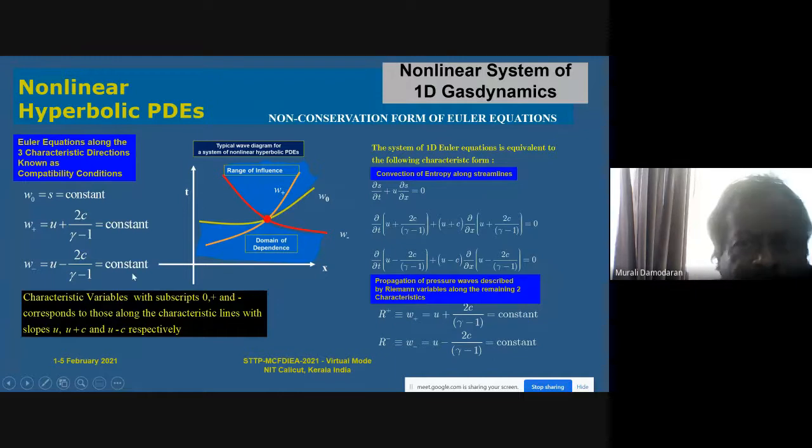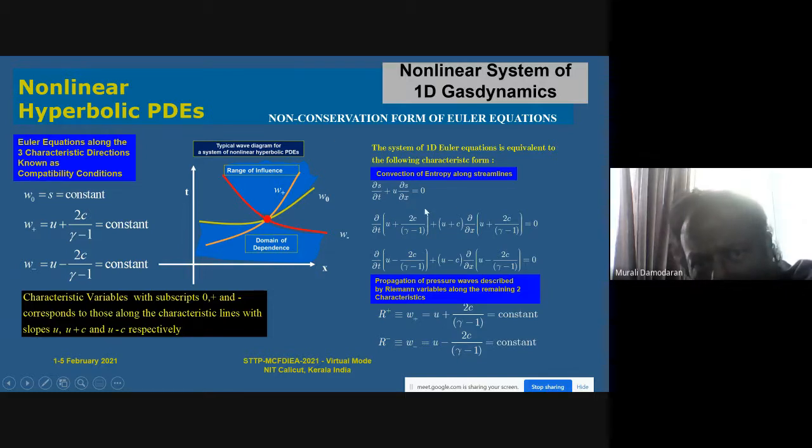Okay, so what it does is it will give you 3 characteristics, and along these characteristics, 3 quantities will travel. So these are the information that is traveling along the 3 characteristics. Why 3 characteristics? Because I have 3 variables. If I have 4 variables, I will have 4 characteristics.